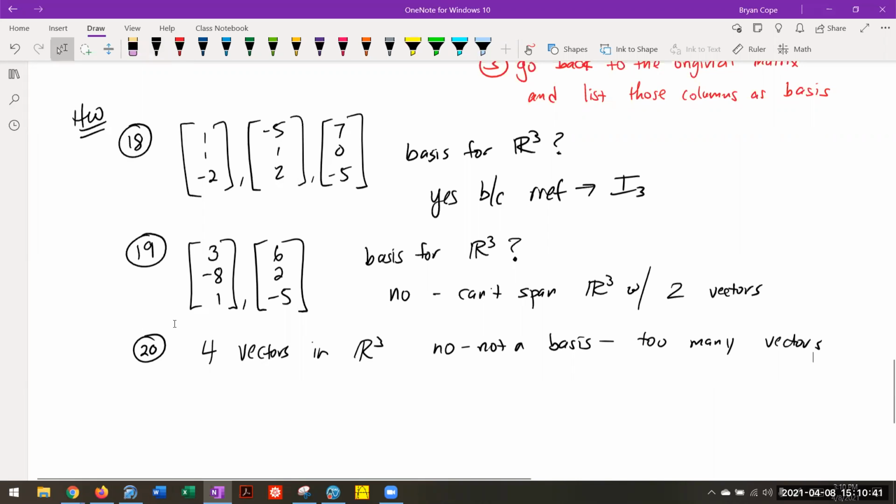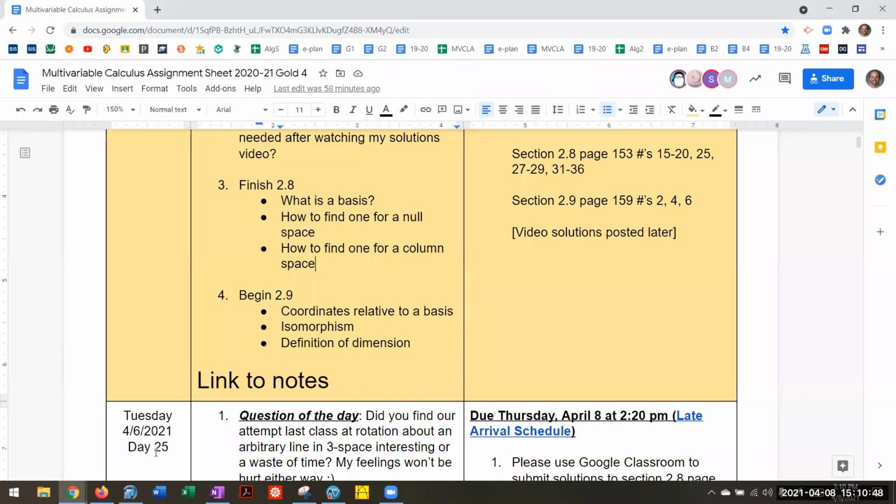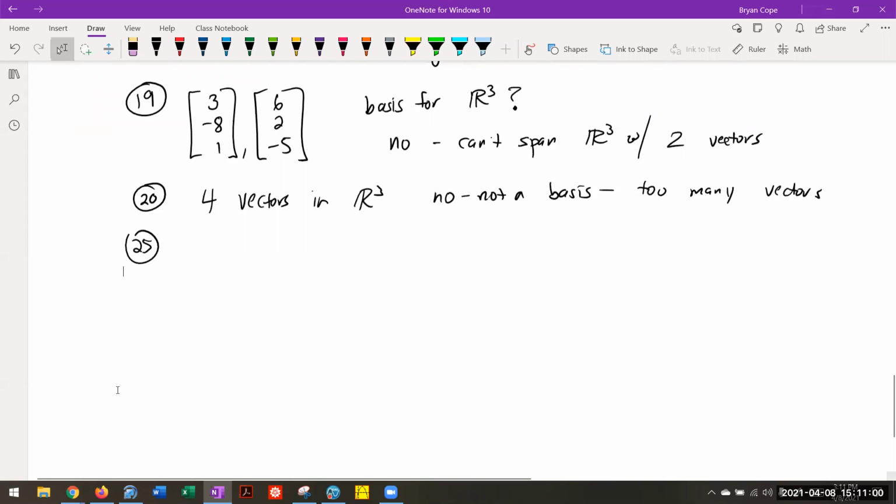Okay, next I assigned number 25 and then 27 through 29. Number 25 gives you a matrix. It's a fairly large one, so if you're tired of writing, just feel free to stop and think through this with me.